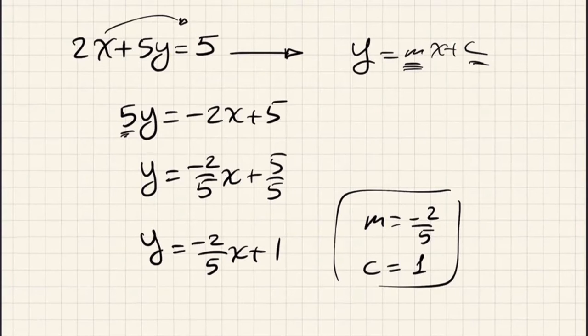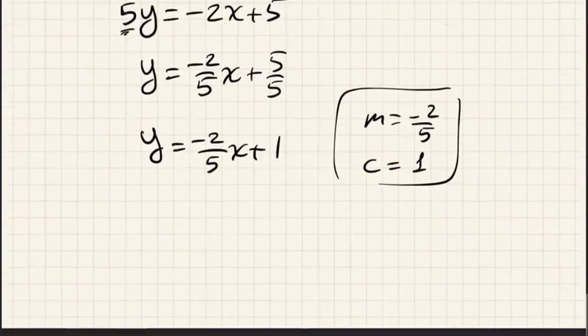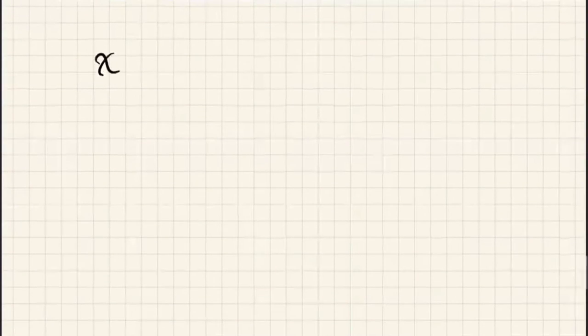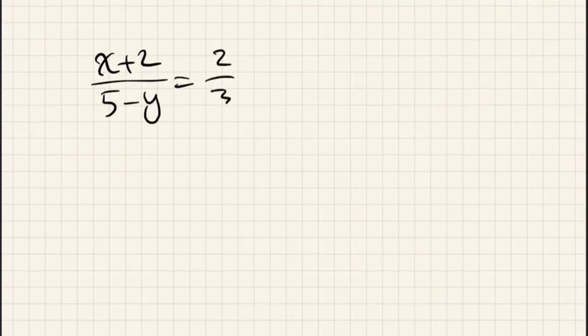There are so many different ways to represent x and y in the equation of a straight line in a strange way. For example, we have something like this: (x plus 2) over 5 equals (2 minus y) over 3. This is a straight line also. What is the gradient?